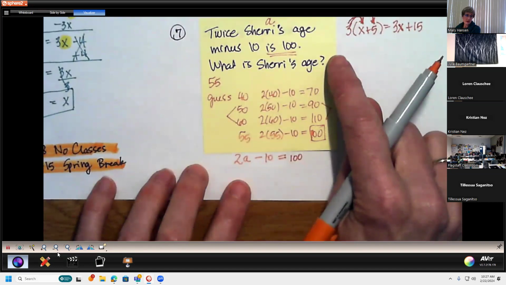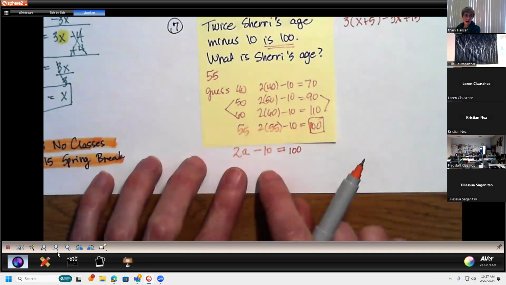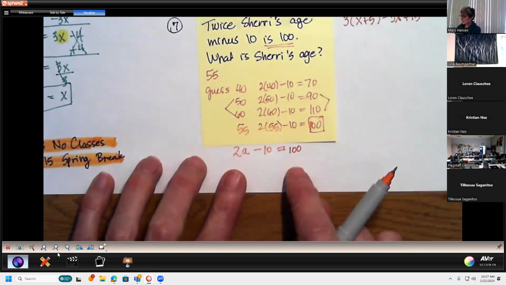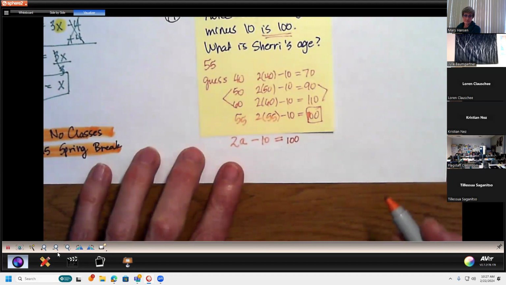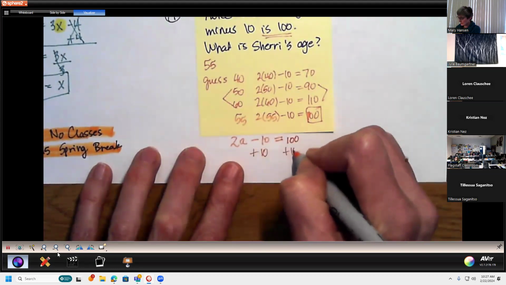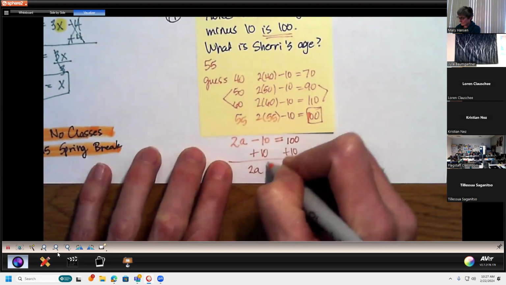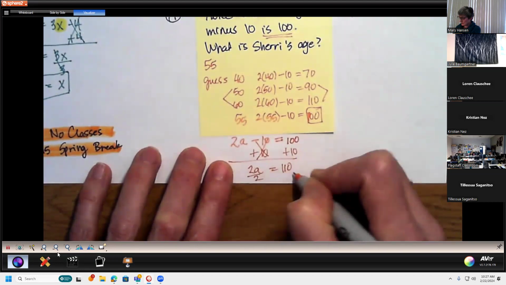So I could take this problem and write an equation, and now I have a 2-step equation. And what do I do first to solve it? Very good, Curtis. Add 10. And then I divide by 2.